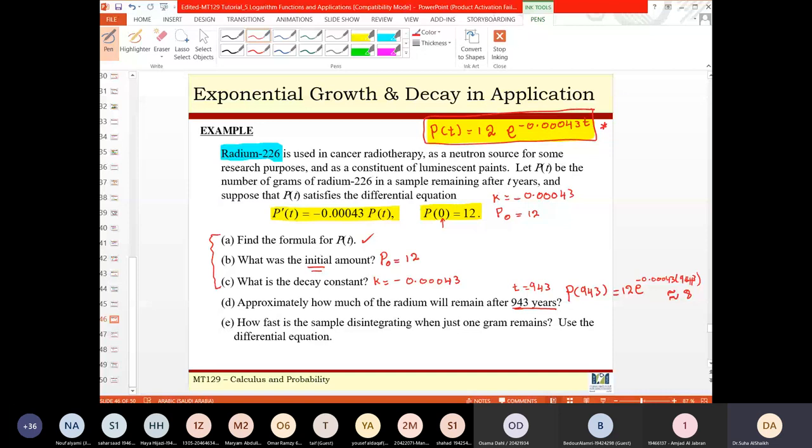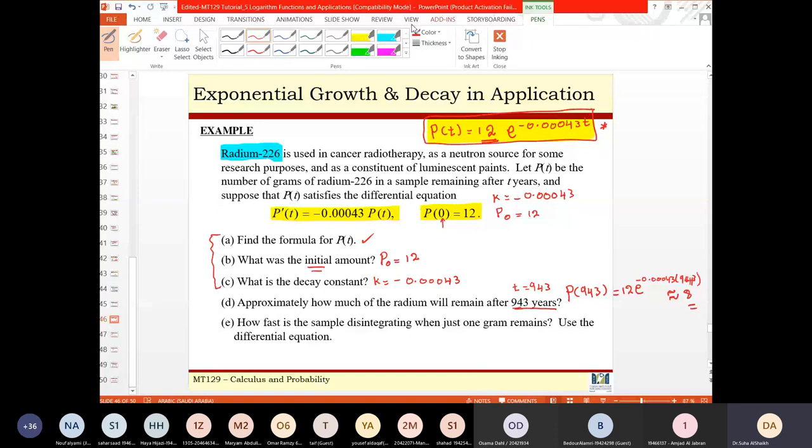They are making an experiment. They have a formula that will give me how much of this radium will remain in the body or in the sample that they are treating with this ray. So after 943 years, I put in 12 grams at the beginning. How much will remain? 8, after 943 years.